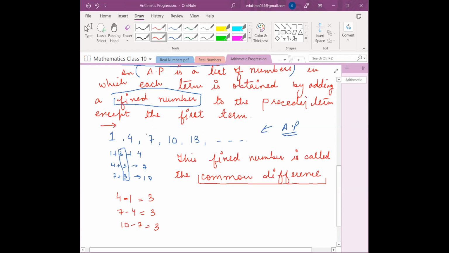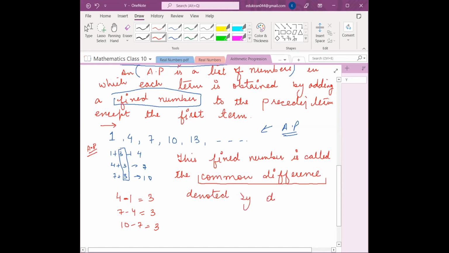If it is already given that it is an AP, how can I find that common difference? The common difference is found by subtracting the preceding term from the next term.